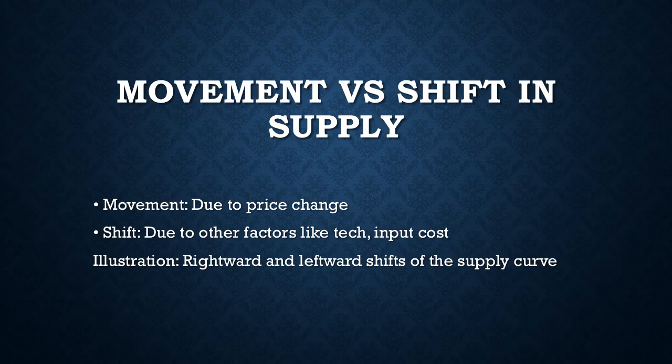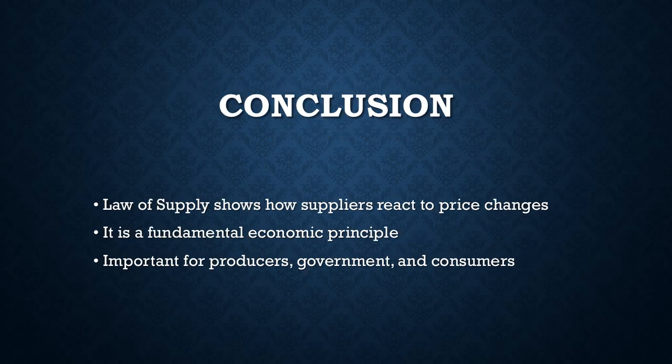Students, let's conclude what we learned today. First one is the law of supply explains how suppliers increase or decrease the quantity supplied in response to price changes. Second one is it is one of the basic principles of economics that helps us understand how markets work.